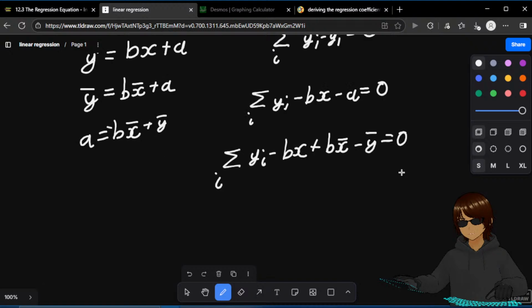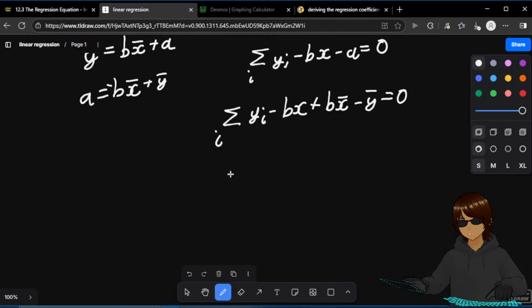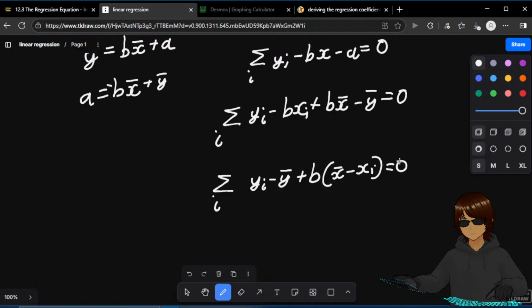It becomes like this. Minus the average plus b equals 0. Is this correct so far?